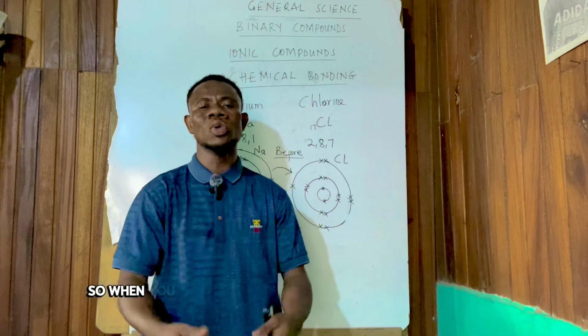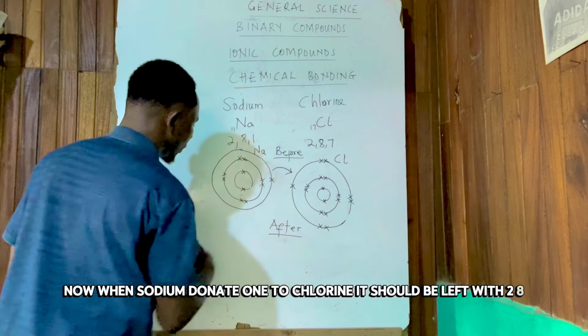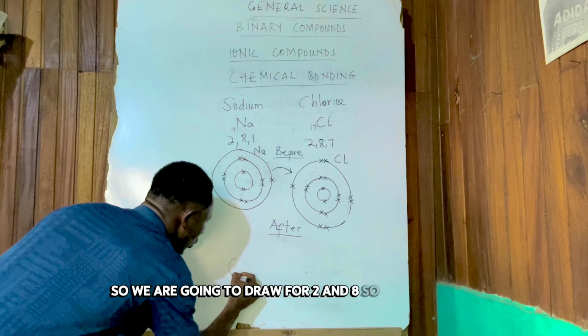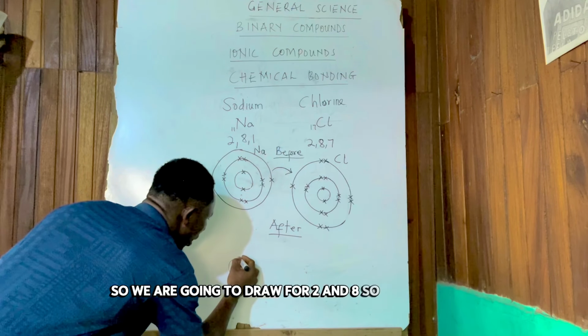Now let's move on. When sodium donates 1 to chlorine, it will be left with 2, 8. So we draw 2 and 8.